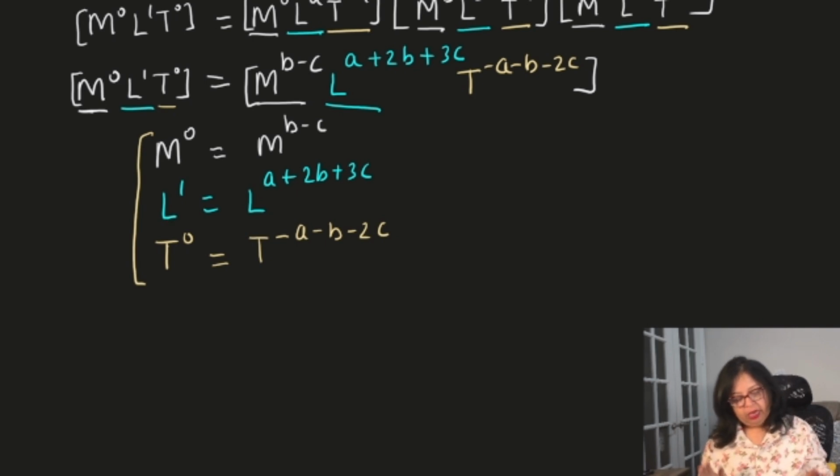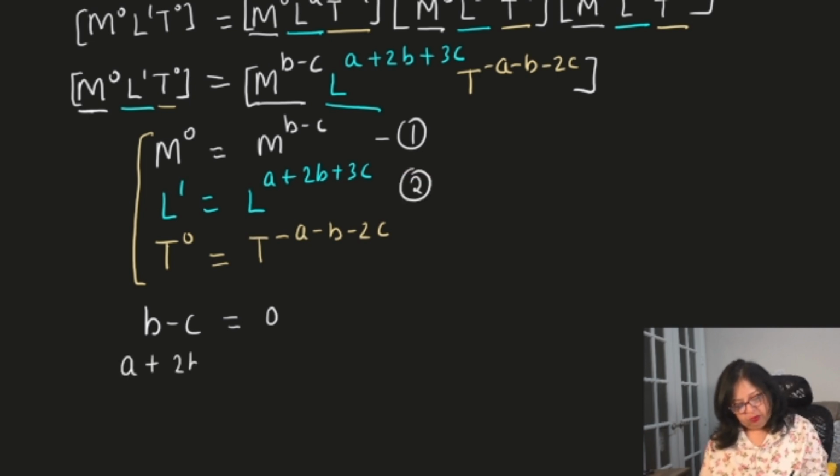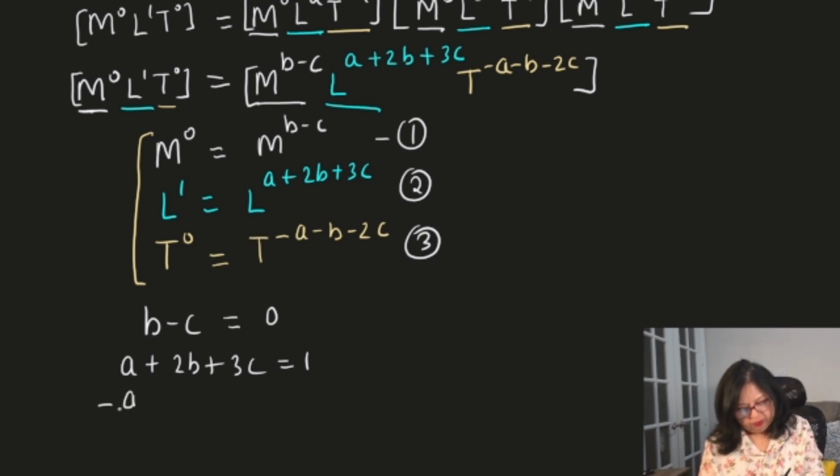They give us, and I'm going to swap left and right hand side, b minus c from the equation for m, which is number 1, equal to 0. Equation 2 gives you a plus 2b plus 3c equal to 1. Equation 3 gives us minus a minus b minus 2c equals 0.